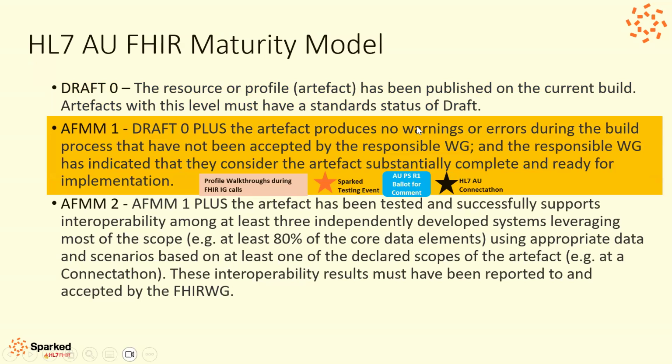If we find there are still some warnings or errors thrown through the automated build process, we'll bring those back to this group to talk them through about why these might be tooling issues or something else that means that they need to be accepted essentially as a waiver, as this isn't actually a problem with the artifact. There's some other source of the issue there that is triggering some kind of warning or error.